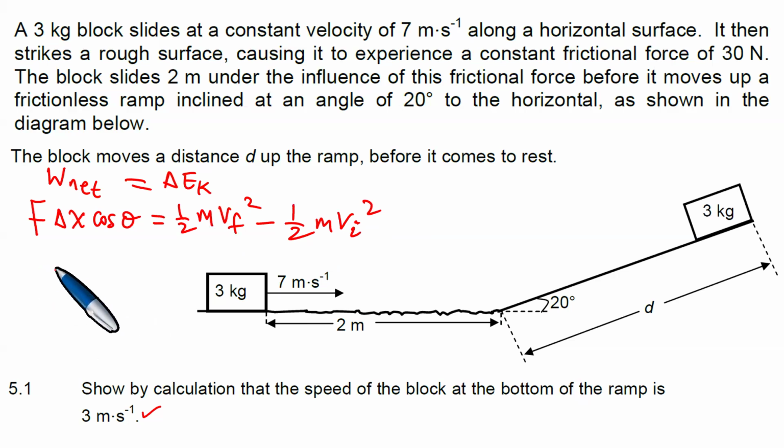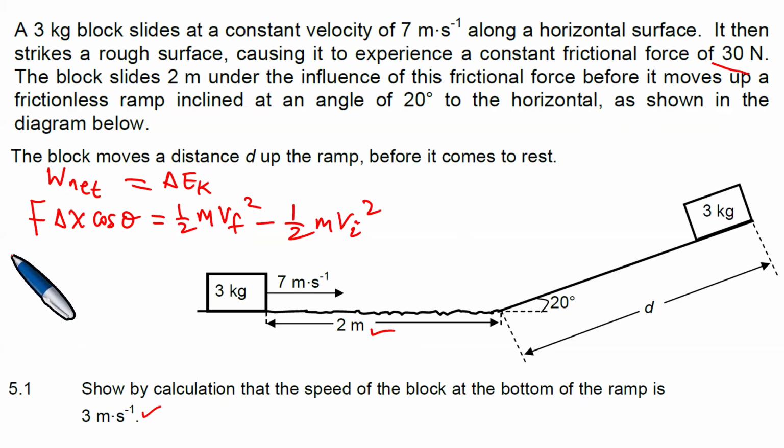Now, there are a couple of things that remain very important here. We know that at this point you would have the mass, and you also have the displacement. What else do we have here? You understand that the friction force is exactly 30 newtons.